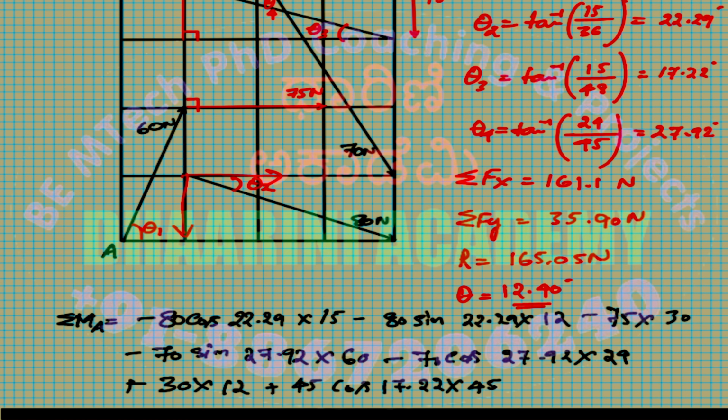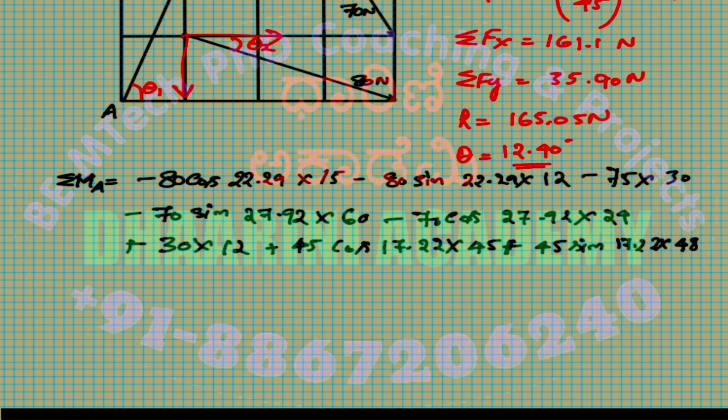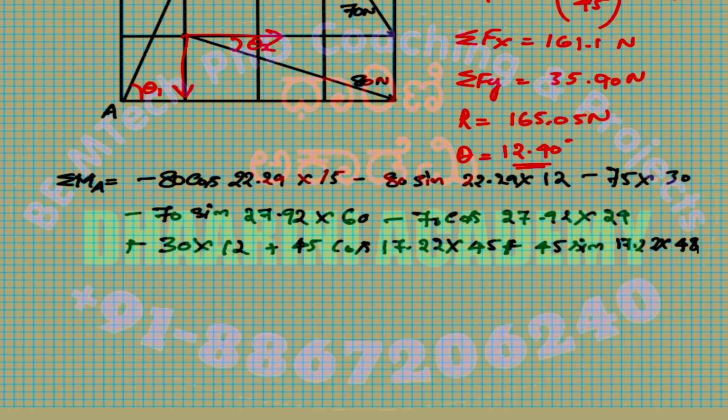And the vertical component is also going to be positive, plus 45 into sine 17.22 into the vertical component's distance, 12 into 4, 48. Okay, so we need to simplify this equation to get the total moment of all the forces at point A.